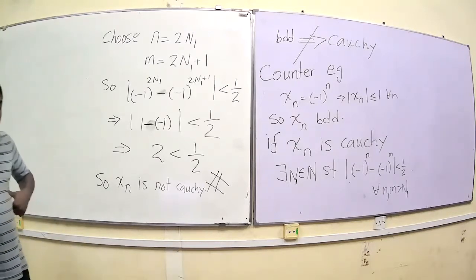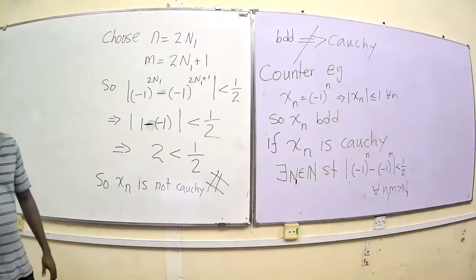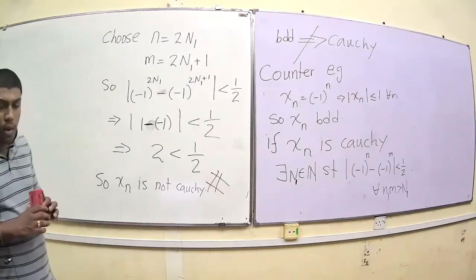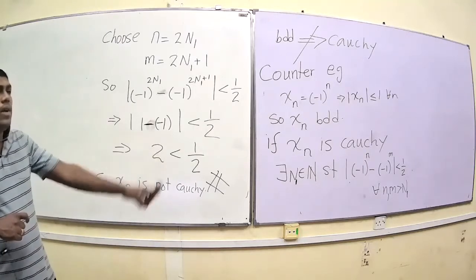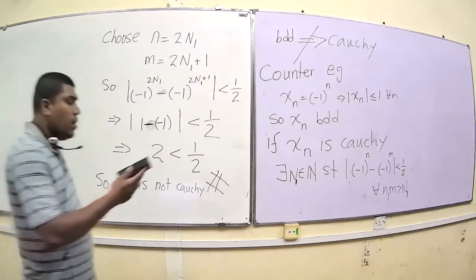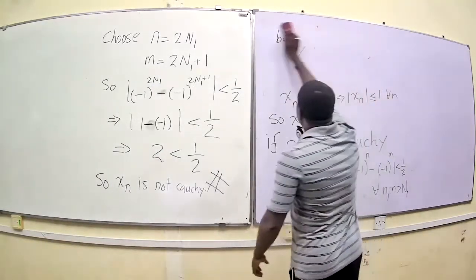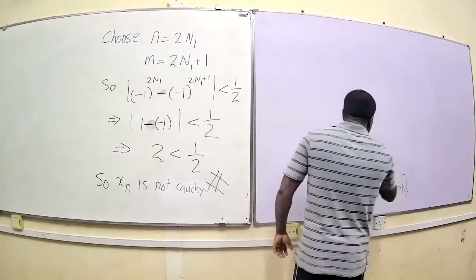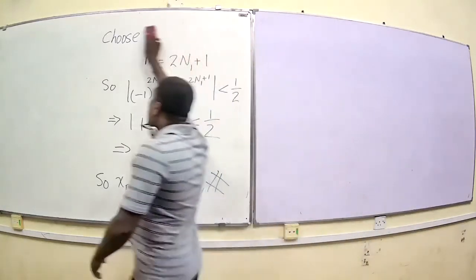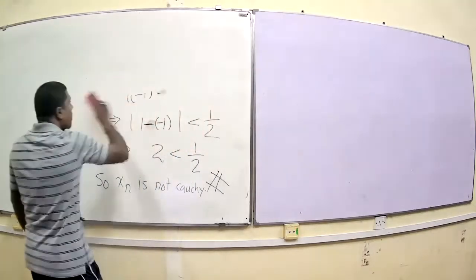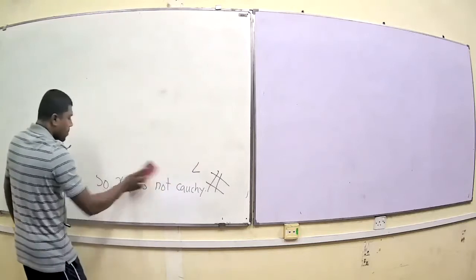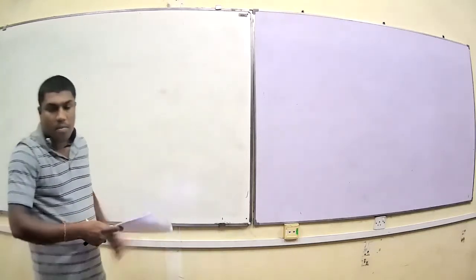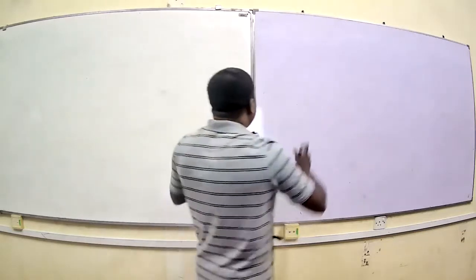We are going to show that if xₙ is a sequence of real numbers, then it will converge if and only if it is Cauchy. For sequences of real numbers, Cauchy and convergent are equivalent: Cauchy implies convergence and convergence implies Cauchy. That is called the Cauchy criterion.